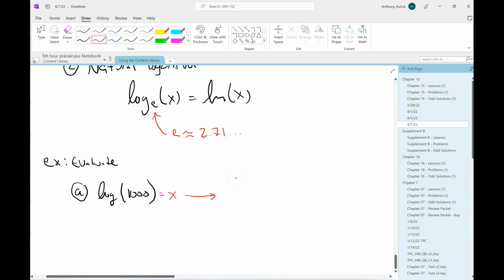What's the exponential equation I would write here? 10 to the x equals 1,000. So what does x have to be in this case? Not 10. 3, right? 10 times 10 times 10 is 1,000. A 1 with 3 zeros after it.